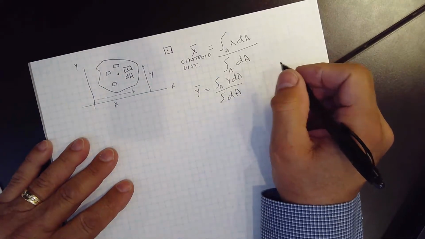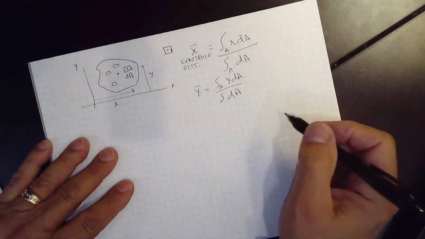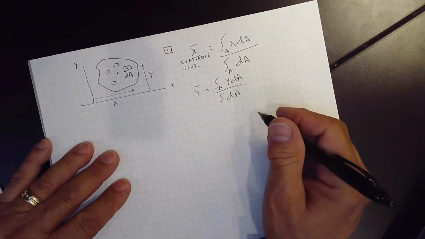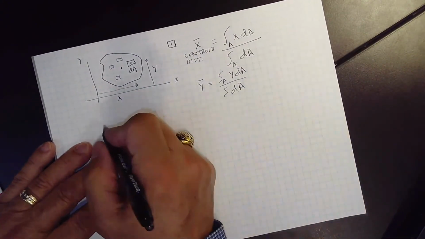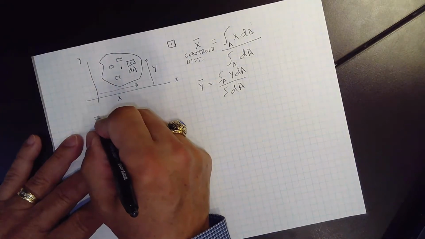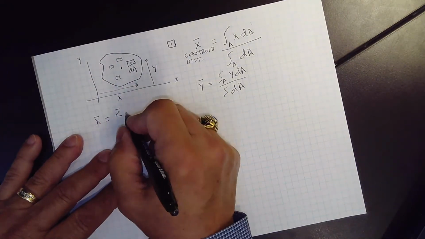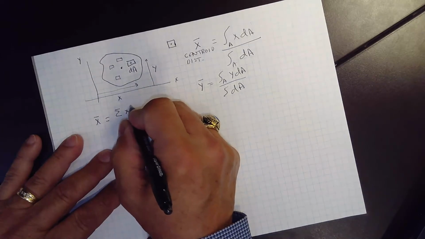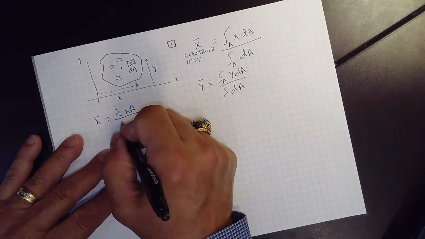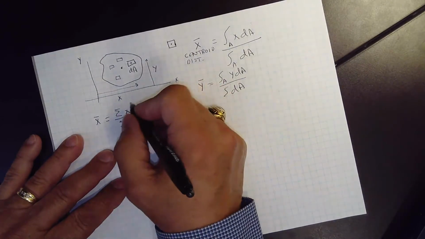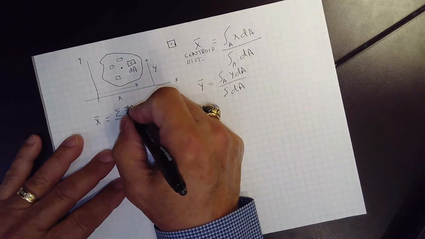Now, from a practical standpoint, I mean, that's a lot of fun, and we can do that. But what that comes down to is we say that x bar is equal to the sum of x times A over the sum of A. In the book, they use a little tilde over that.